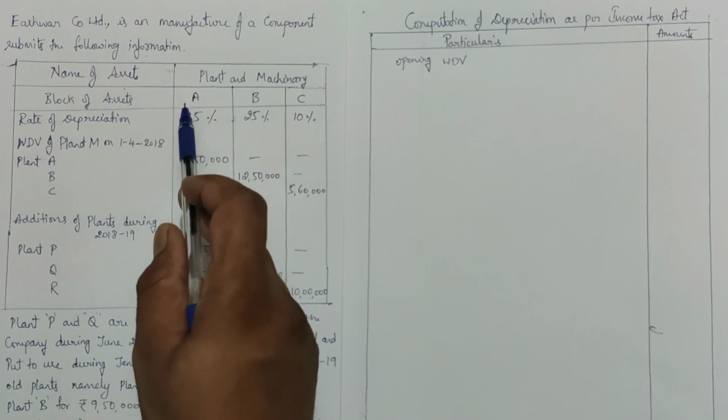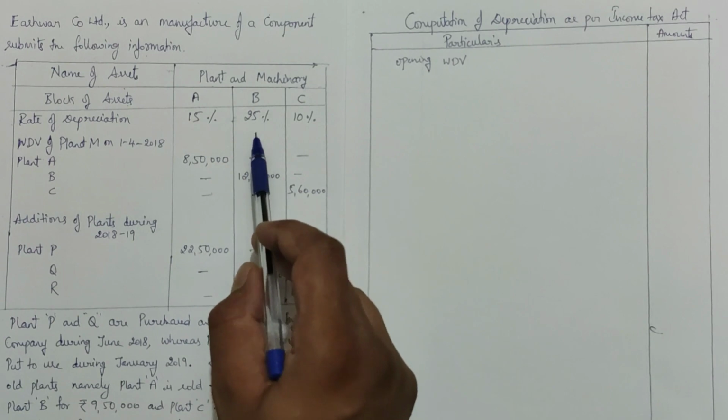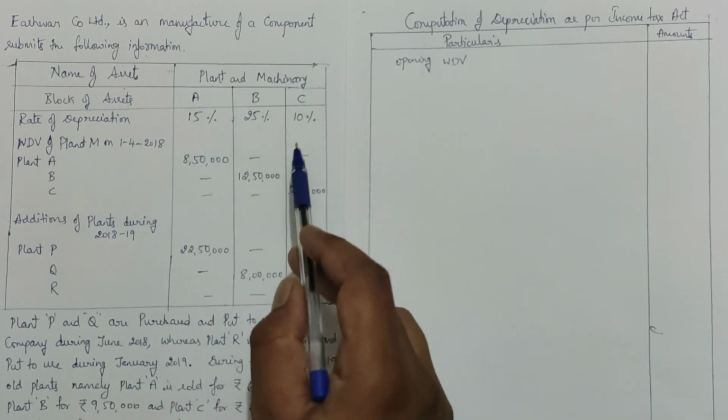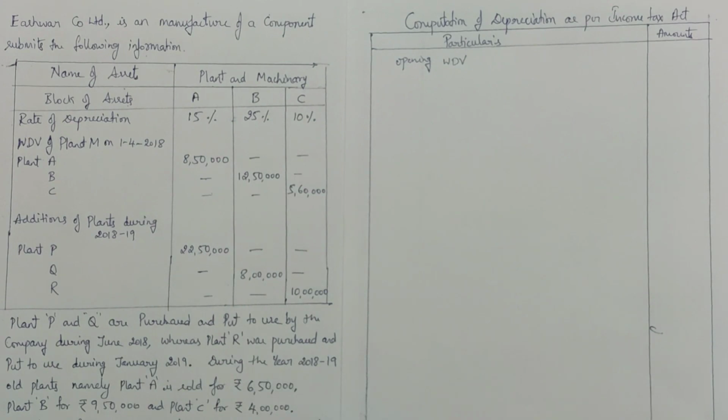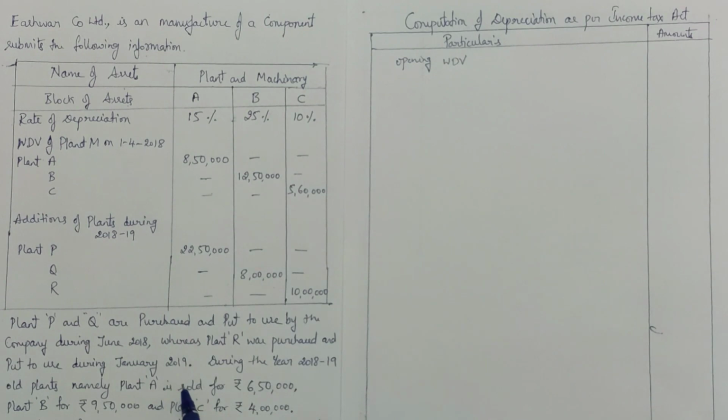You can see that plant and machinery A is 15%, plant and machinery B is 25%, plant and machinery C is 10%. So these three plant and machineries have different rates of depreciation. For each rate of depreciation we can create a separate block. Okay, so based upon the rate of depreciation we need to create blocks of assets.